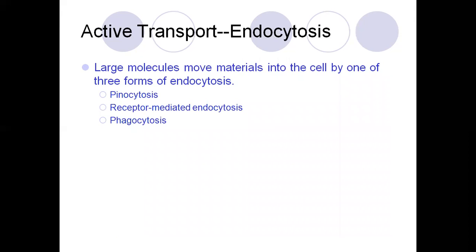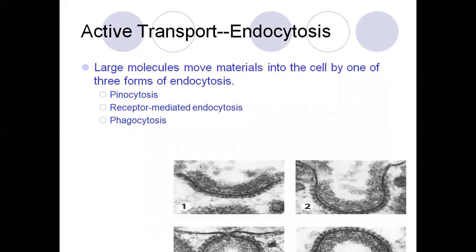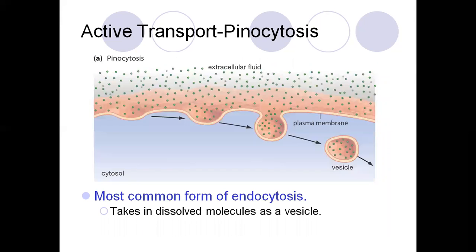So in active transport, endocytosis, large molecules move material into the cell by one of three forms of endocytosis: pinocytosis, receptor-mediated endocytosis, and phagocytosis. Pinocytosis is the most common form of endocytosis. It takes in dissolved molecules in a vesicle.